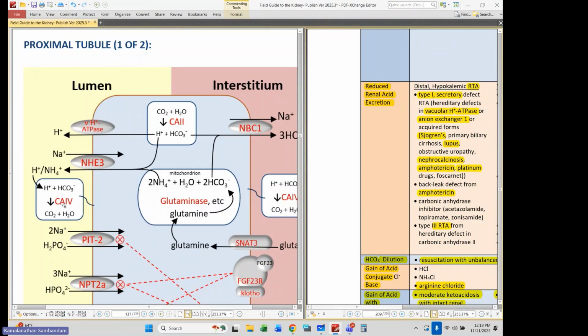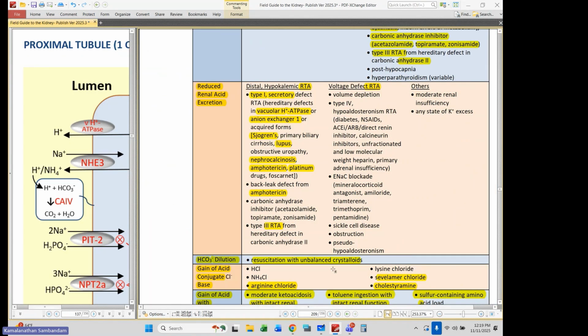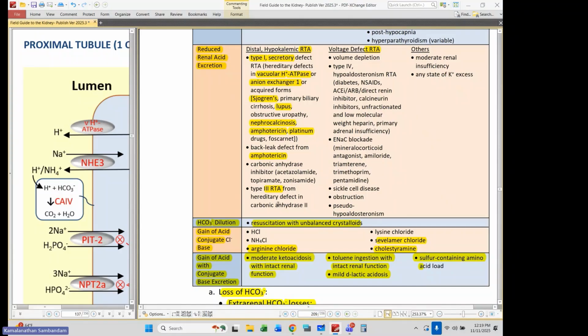You can see, again, different isoforms of carbonic anhydrase throughout the nephron, but all of them are essentially inhibited by acetazolamide. Some of the other carbonic anhydrase inhibitors may have specificity to some of the various isoforms, but acetazolamide is pretty broad in its ability to inhibit many isoforms of carbonic anhydrase, causing essentially type 3 RTA physiology.